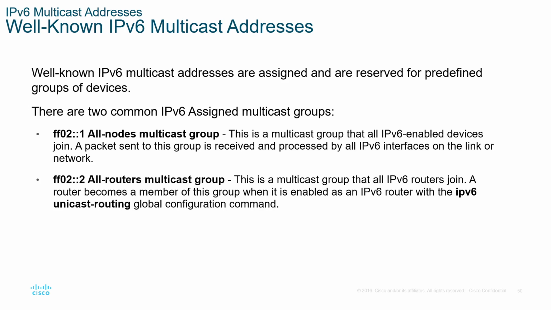So all nodes in the group that are using FF02. FF02::2 is a different one, and this is for all my routers that are participating in the group so they can communicate.